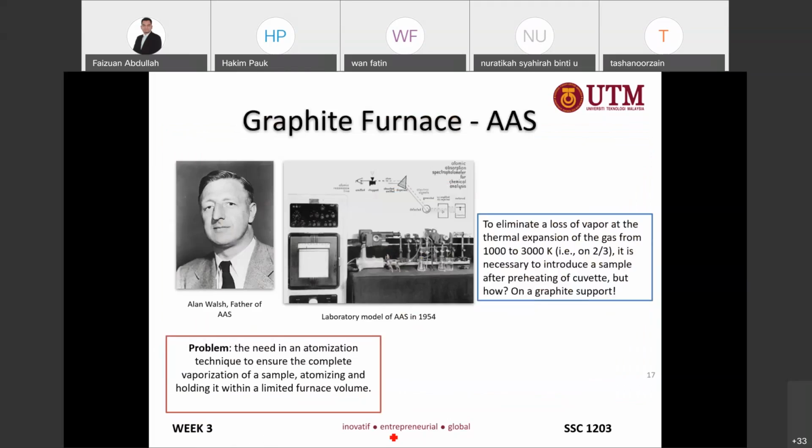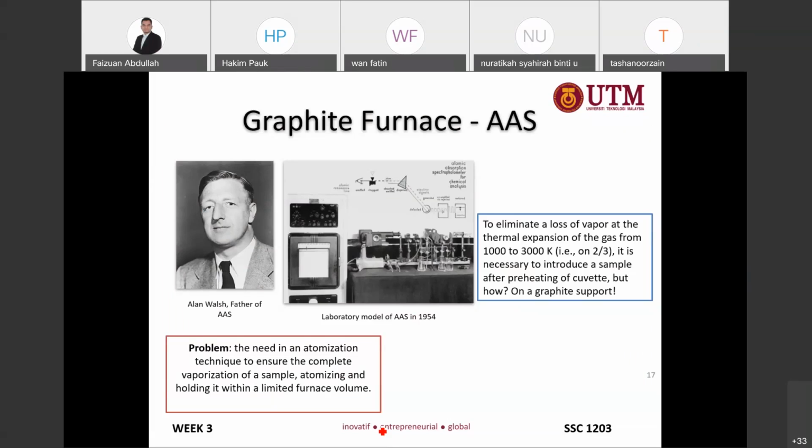History about AAS. Alan Walsh, father of AAS, invented AAS in the early 1954. Look at the diagram, the concept of AAS. It tells that to eliminate loss of vapor at the thermal expansion to 3000 Kelvin, it is necessary to introduce sample after preheating of the cuvette. But how?